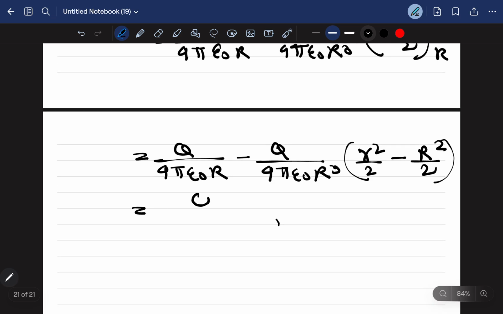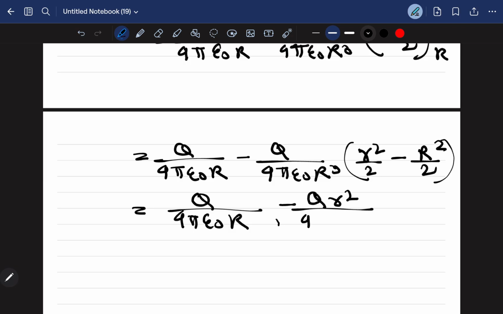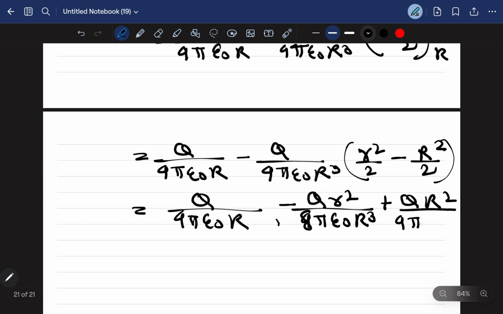So it will be q by 4 pi epsilon naught R minus, if we do this, q into r square over 4 pi epsilon naught, sorry, the 2 will be multiplied, so it will be 8 pi epsilon naught R cube, and it will be q into R square over 8 pi epsilon naught R cube.